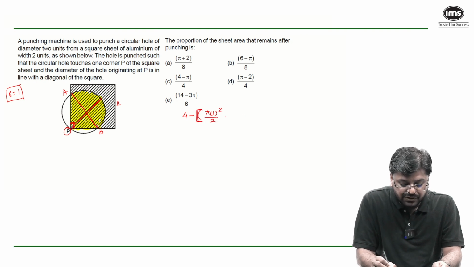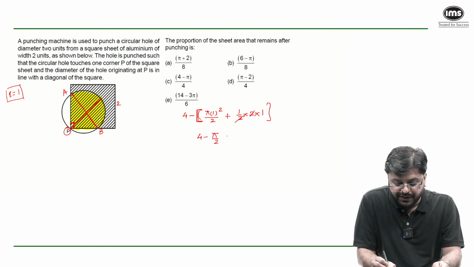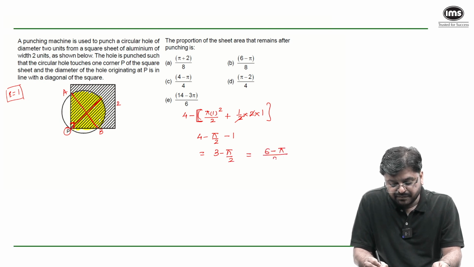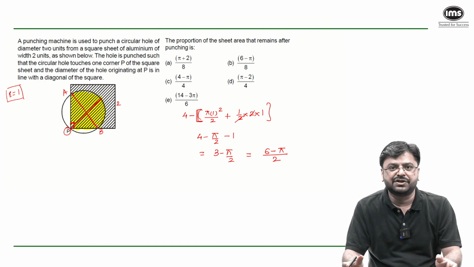We also need to subtract the area of this triangle, which is half into base, the diameter 2, into height. So this is 4 minus pi by 2 minus 1, or 3 minus pi by 2, which can also be written as (6 minus pi) by 2. This is the area remaining after punching.